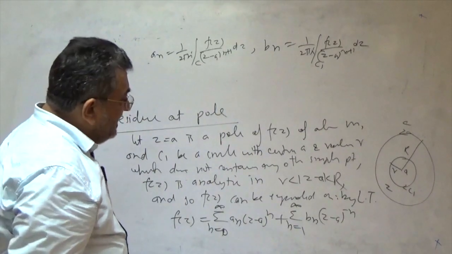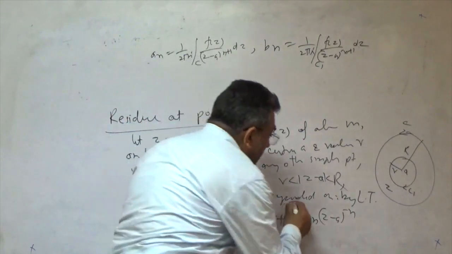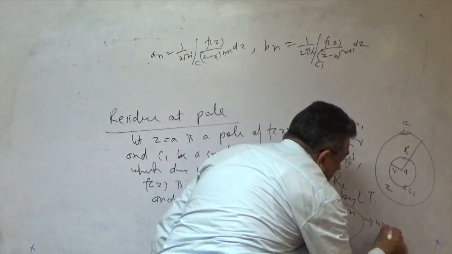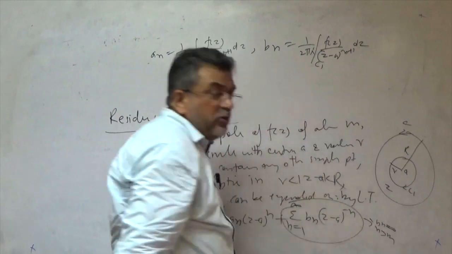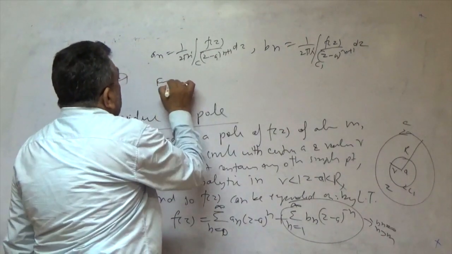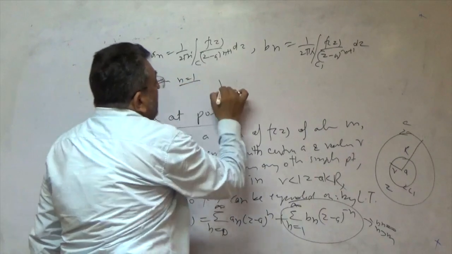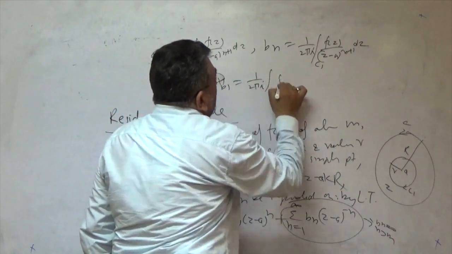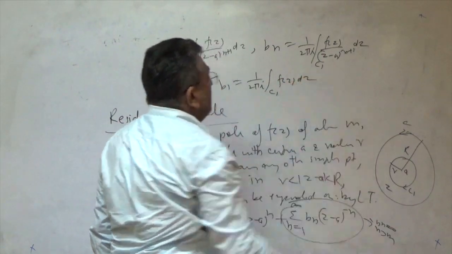Since this is a pole, b_n is 0 for n greater than m. For n equal to 1, b_1 is equal to 1 upon 2 pi i times the integral over C1 of f(z) dz.